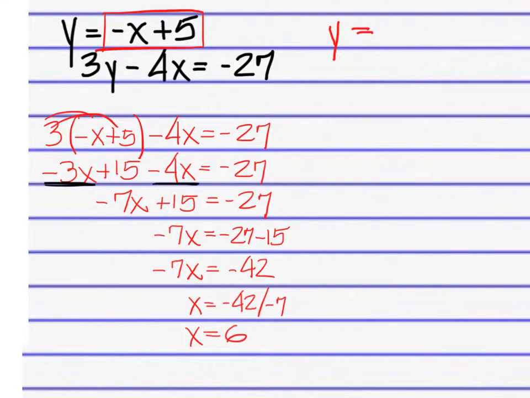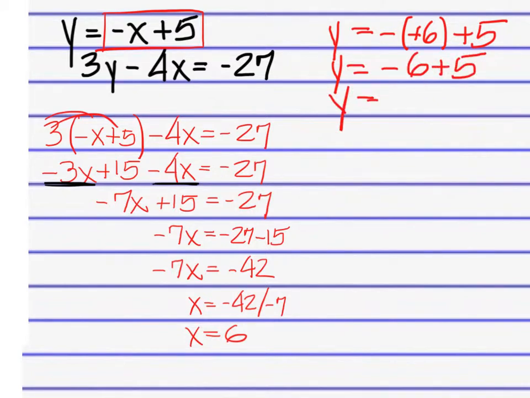So instead of negative x, we have negative 6. And I put two negative signs by mistake, so we'll just make that one plus. So a negative 6 is just a negative 6. Negative 6 plus 5 is a negative 1. So we have x equals 6, y equals a negative 1.